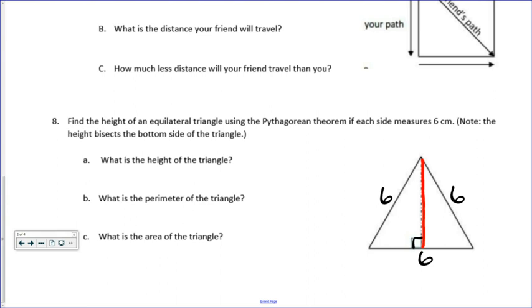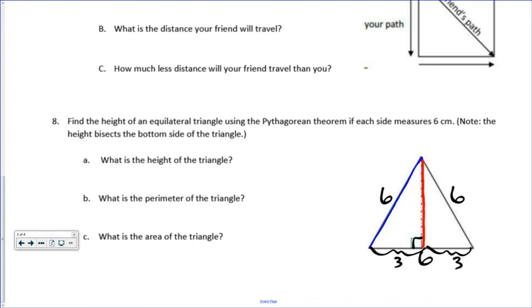And I know that this is my hypotenuse. So my hypotenuse is 6. And the side length, I need to know what this is. It told me that it bisects it. And when it tells you that it bisects, that means it's cutting it in half. So this would be 3, and this side over here would be 3.